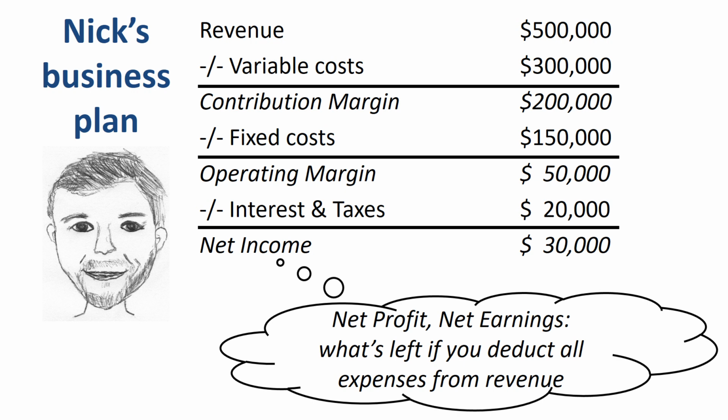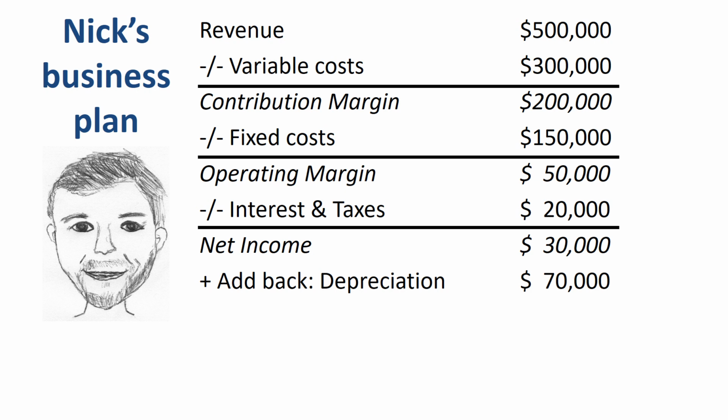First of all, some good news. Not all of the costs that Nick incurs are paid in cash in the same year. An example of this is depreciation, which is the accounting process of allocating the upfront investment in production equipment over the years that he uses the equipment. The cash outflow occurred when Nick bought the equipment.